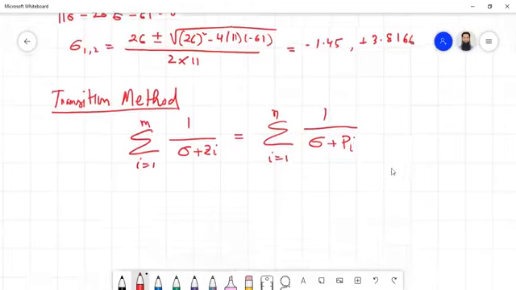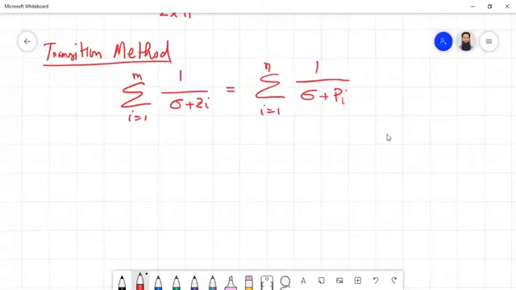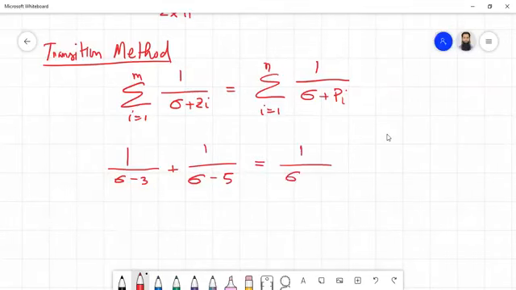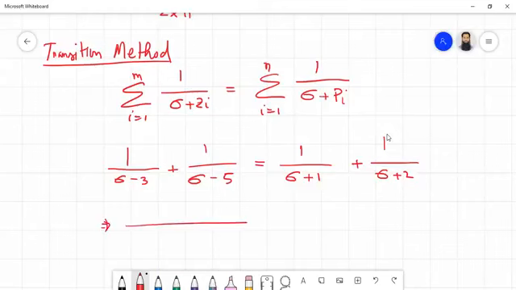Okay, it does look a bit complicated, but the idea is very simple, just like the previous example. So we have a zero at plus 3, so 1 by sigma minus 3 plus 1 by sigma minus 5, equal to the summation of 1 by sigma plus 1 plus 1 by sigma plus 2.